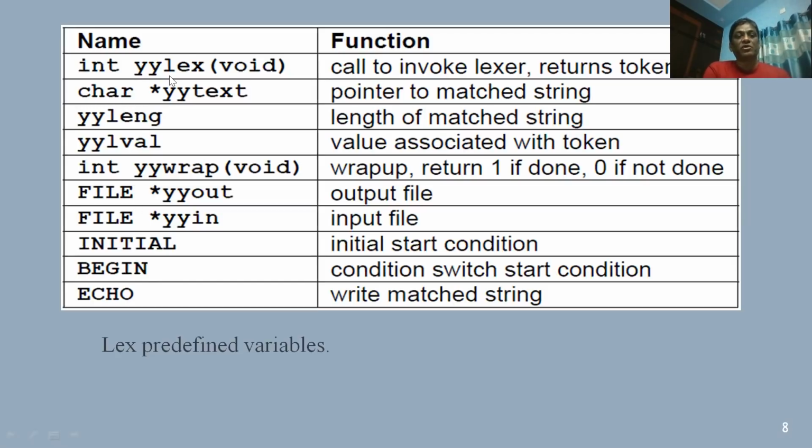Almost every program uses yylex. If you want to display the matched strings, you can use yytext, and if you want to display the length of the string, you can use yyleng. In every main function we write yywrap and yylex. Sometimes we make use of these files if you want to see what is written by your lexers.